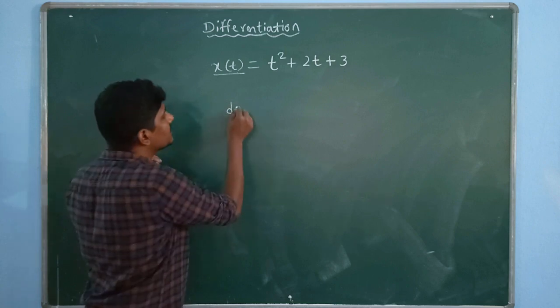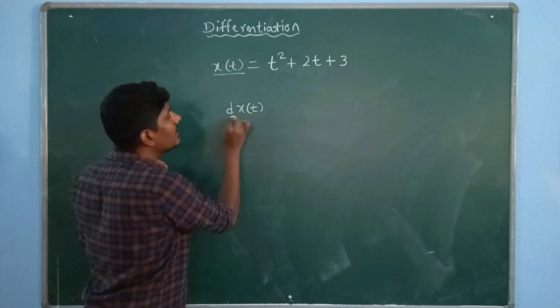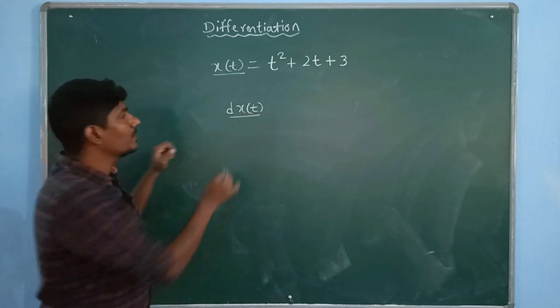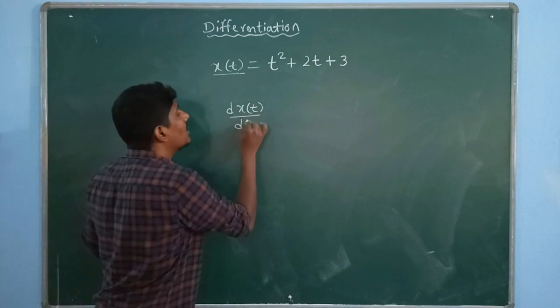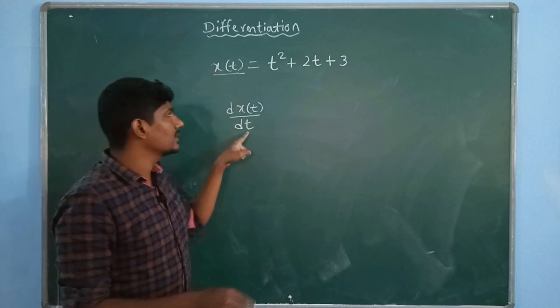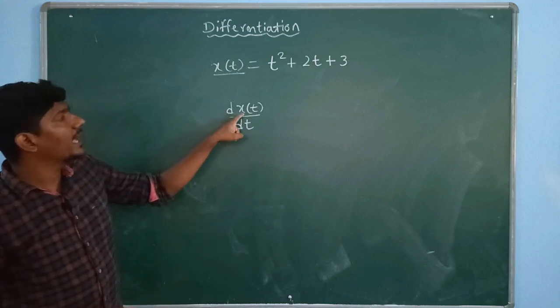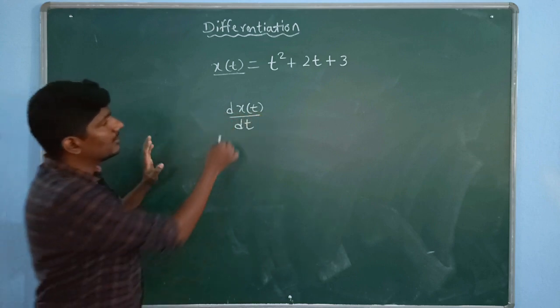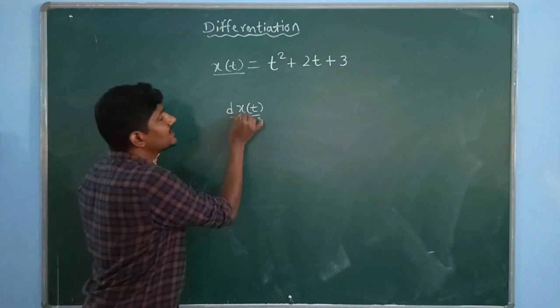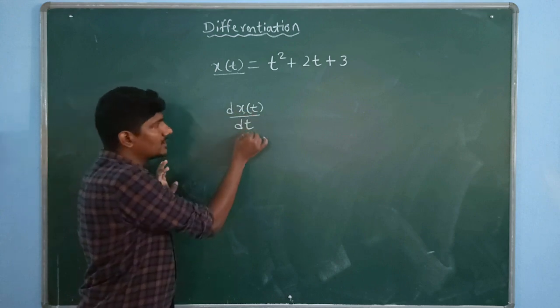Already we know how to differentiate. Let's differentiate x of t with respect to time, because this position changes with respect to time. So this is the way of writing d by dt of x of t. Meaning, x is changing with respect to time.